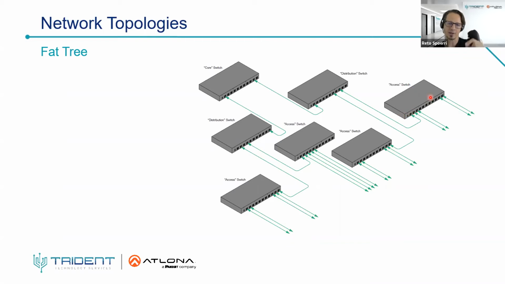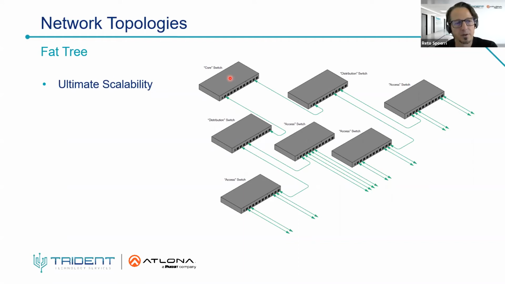The access switch has a connection to the basement, and in the basement there is a distribution switch which connects all the different floors of such a building and will communicate with the core switch, which in return interconnects all the different buildings on the campus. So just that you have an image of how this would be rolled out.